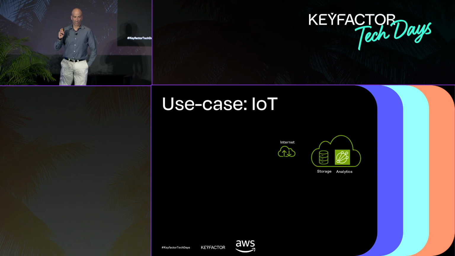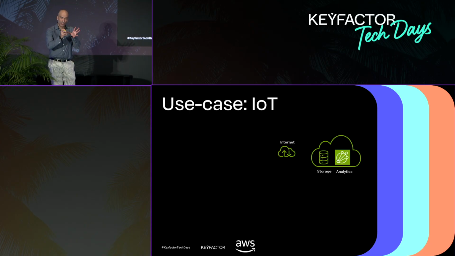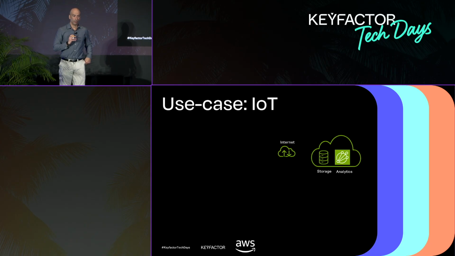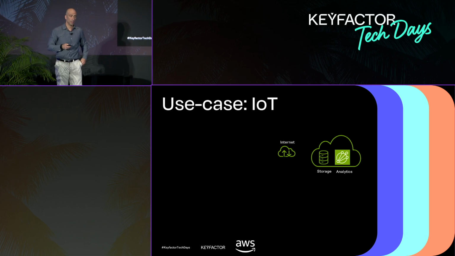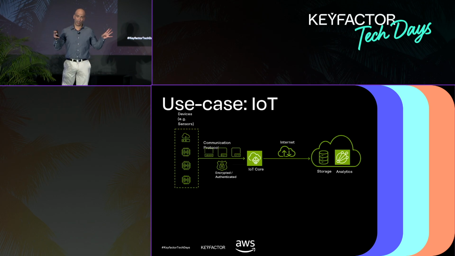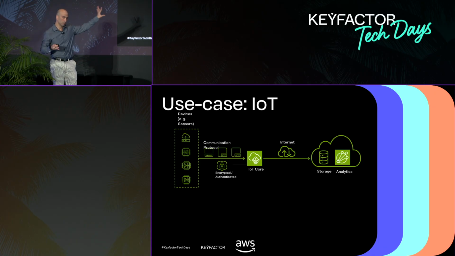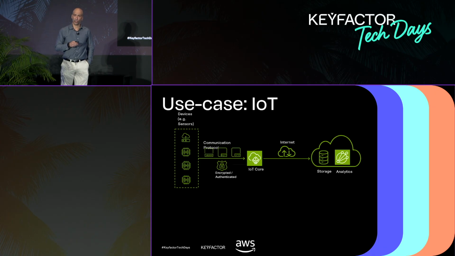So the last use case I had is a little intricate and a little sensitive. Not all IoT use cases will suffer like the ones I'm talking about here, because IoT is a very broad term. IoT doesn't always mean constrained. But here, let's talk about a constrained use case.